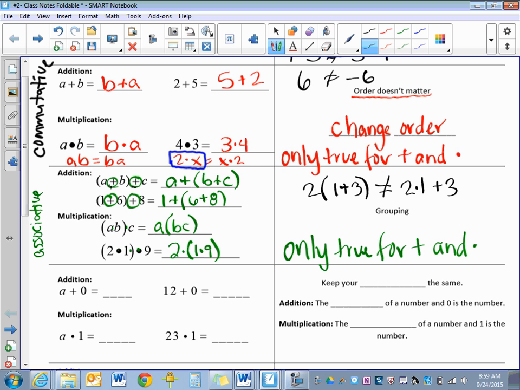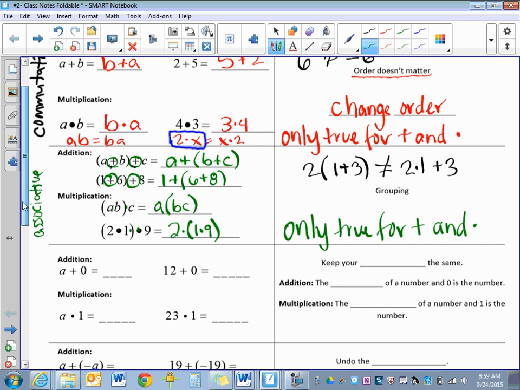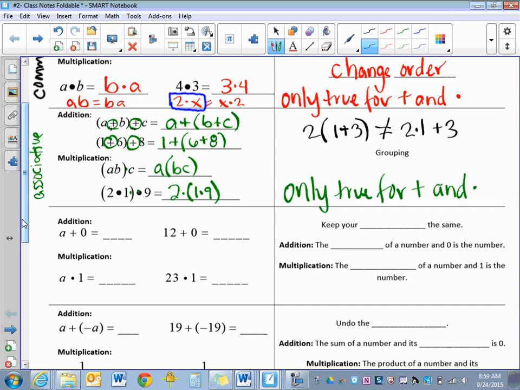Okay. So next we have the identity property. These are pretty simple. So for addition, our identity property is that anything plus 0 is just itself. So a plus 0 is a. And with numbers, 12 plus 0 is 12.